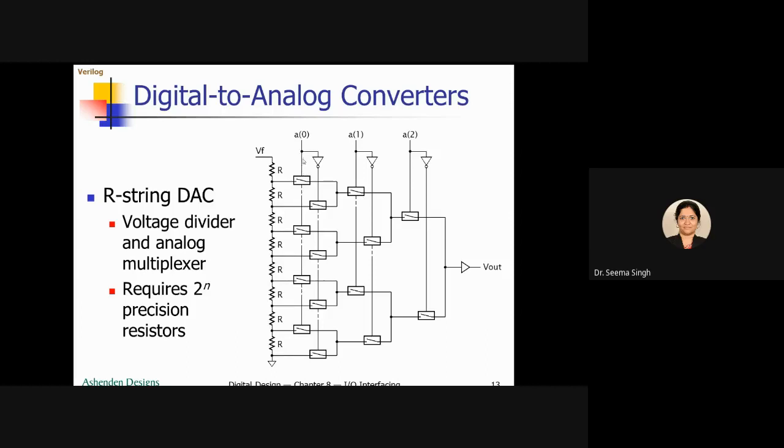When this one is closed, all these switches are closed. Can you see the connection? When A0 is 1, all these switches get closed. But when A1 was 0, this switch got closed. So this connection gets established, 101.